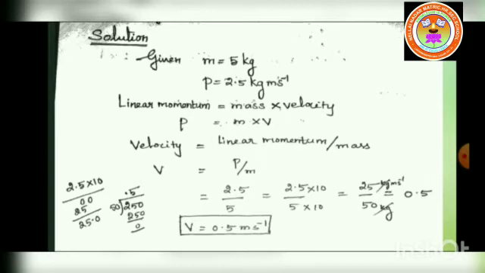The unit of linear momentum is kg meter per second and the unit of mass is kg, so the kg in numerator and denominator cancel. Only one unit is left, that is meter per second. So 25 by 50, the answer is 0.5. So velocity is equal to 0.5 meter per second.